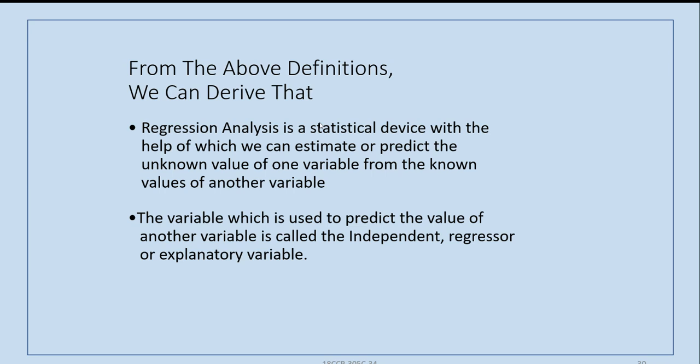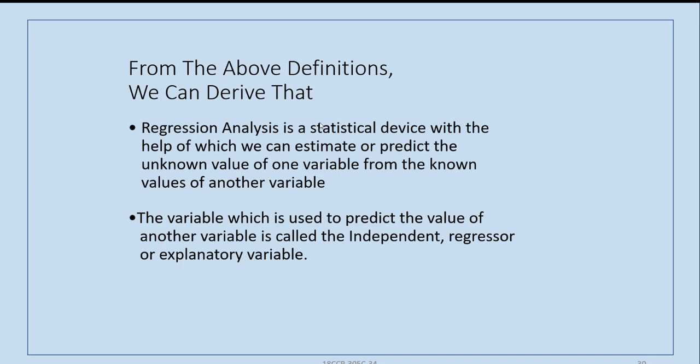From the known values of another variable, the variable which is used to predict the value of another variable is called the independent, regressor, or explanatory variable. It is also called regressor or independent value or explanatory variable. Explanatory means we can explain why it is coming.